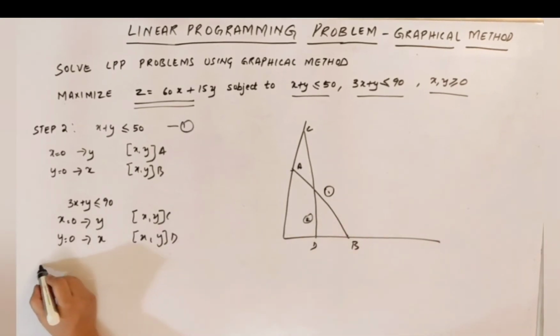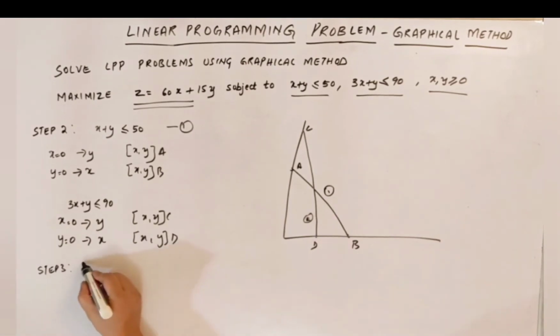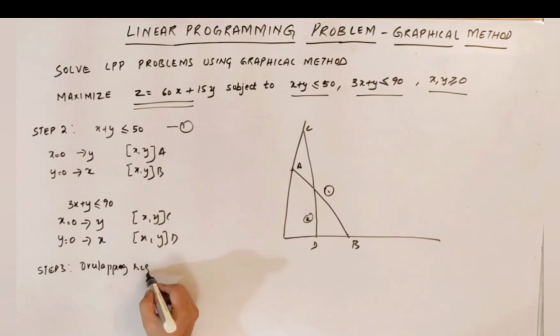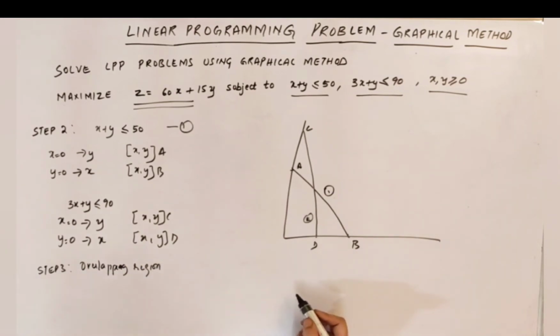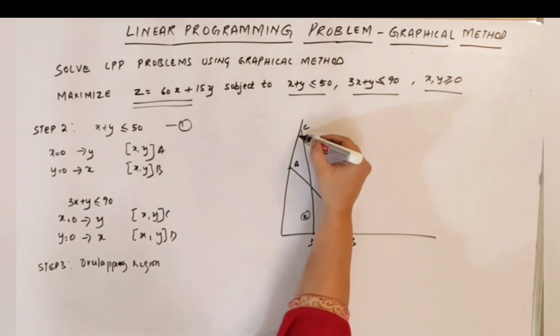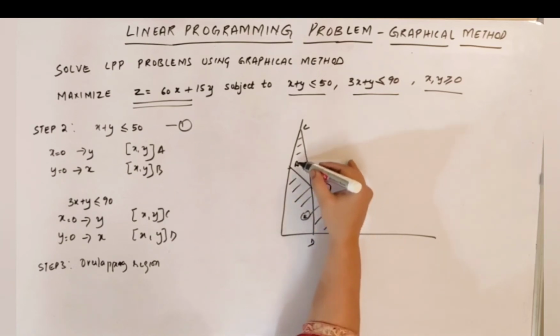So step 3, what is step 3? Once we have plotted the graph, we'll have to find the overlapping region. So there will be a common area between these 2 regions, right? Say this is one region and this is one region, right?